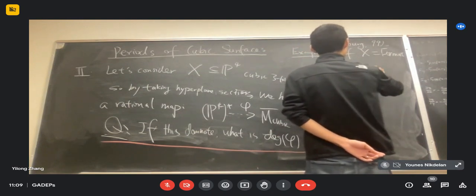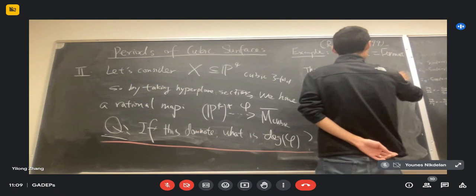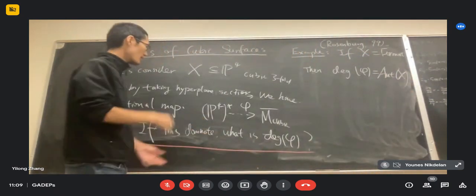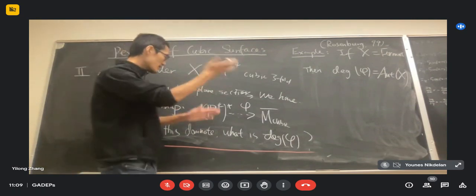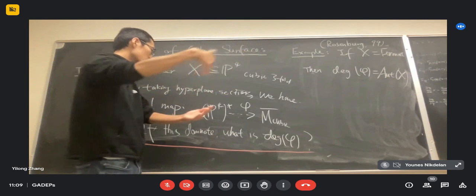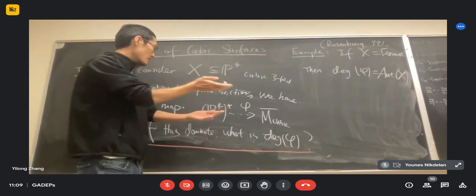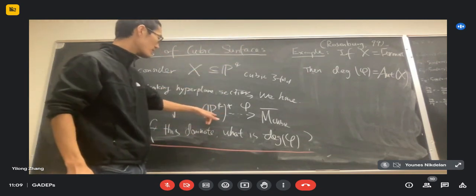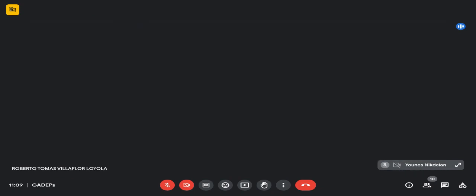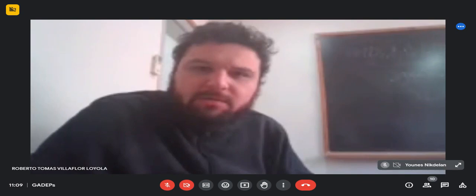Then the degree of this phi is actually just the automorphism. So by doing a projective change of coordinates, you get, of course, trivial orbits of the cubic surface, which should be sent to the same point. You mean the size of the group? Oh yeah, it is the size.